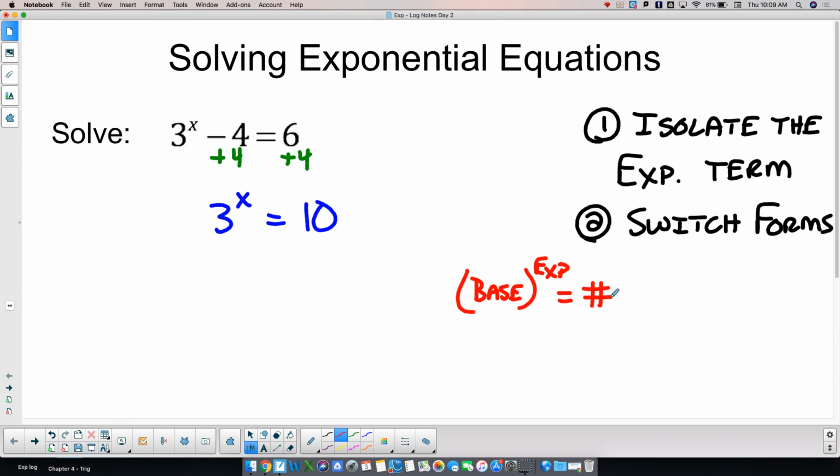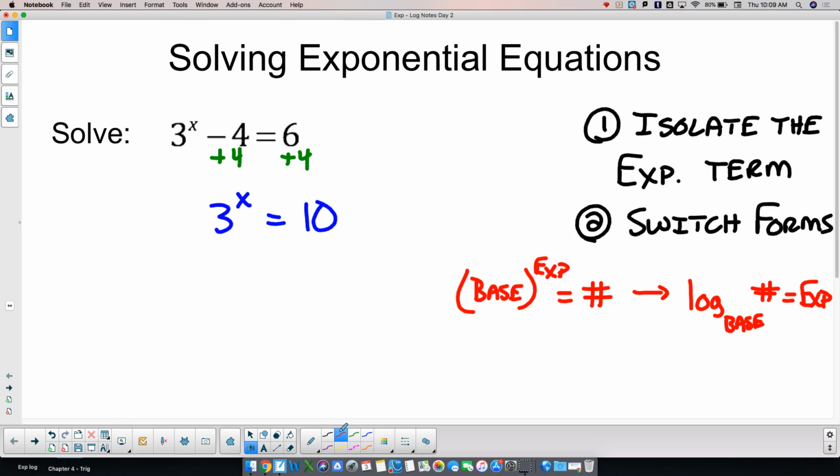That's exponential form. I need to switch that into logarithmic form. So that's going to become log of some base of a number equals my exponent. I'm going to solve exponentials by switching them into logs.